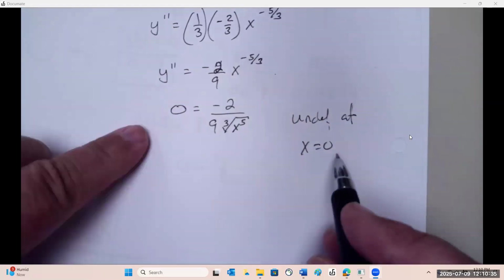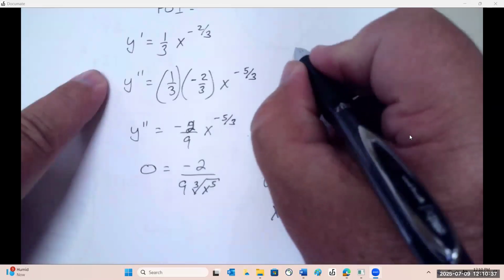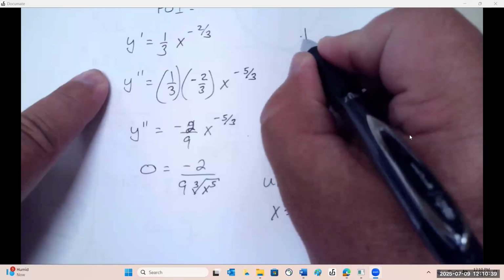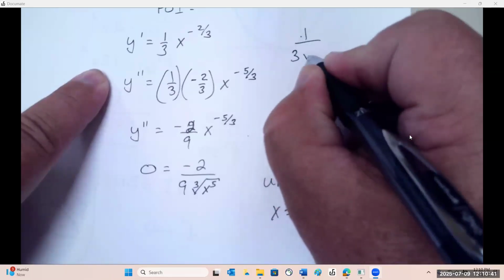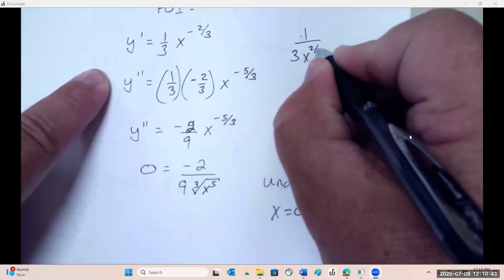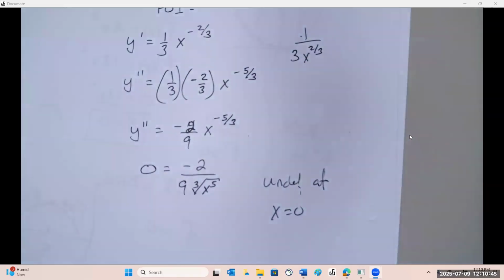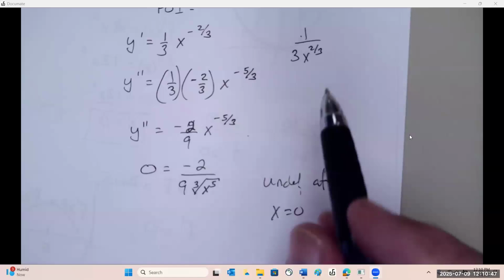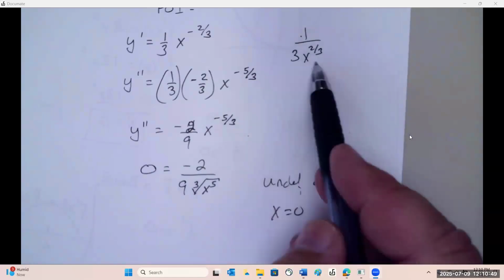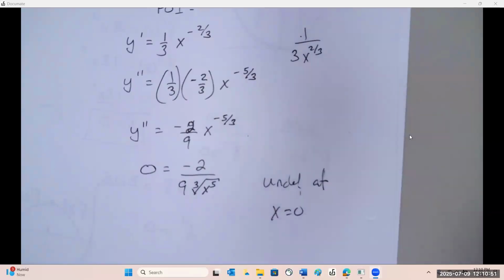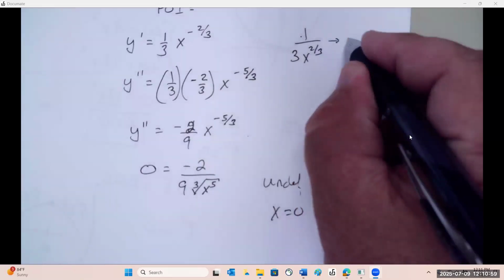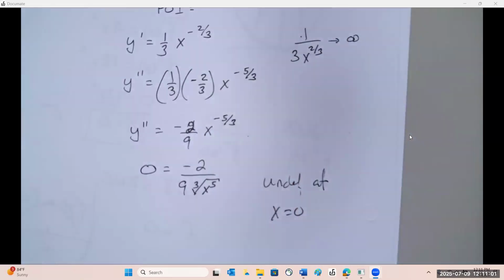Well, let's look at 0. Let's look at the first derivative. At the first derivative, when x is 0, what does this number become? It becomes undefined, but it's undefined because it goes to where? It goes to infinity. It's undefined, yes.